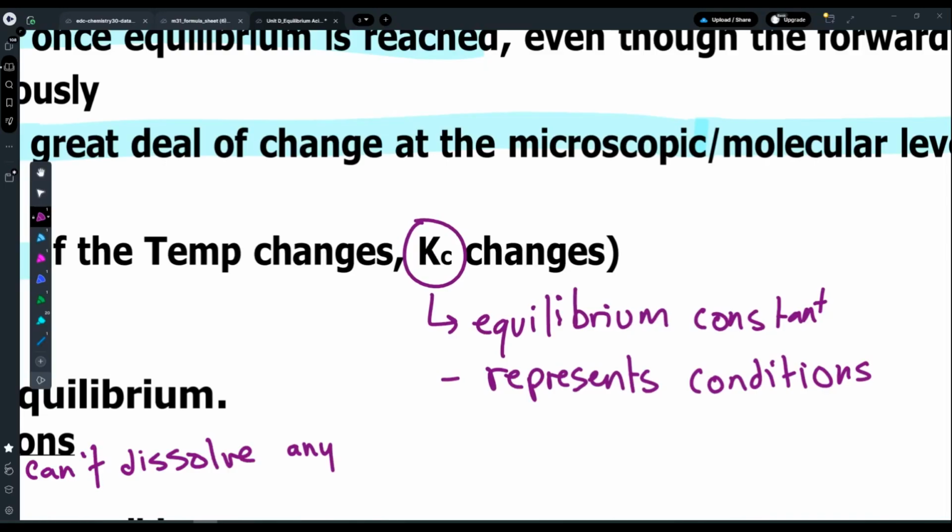So if you have more products than reactants, then that's telling you that the forward reaction is being favored. Whereas if you have more reactants, then that's telling you that the reverse reaction is being favored.